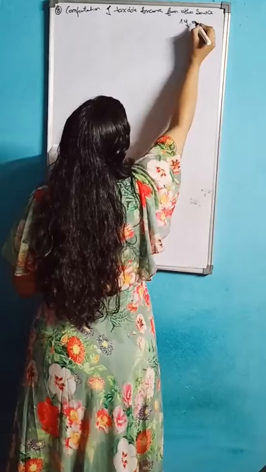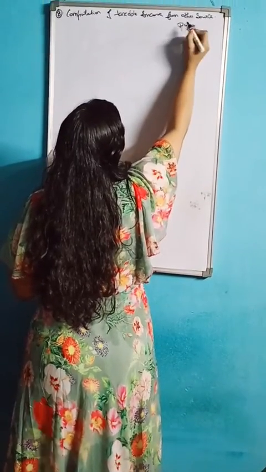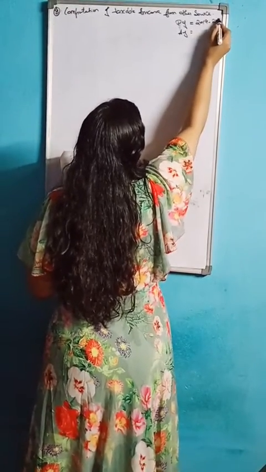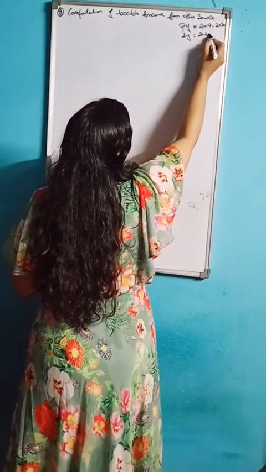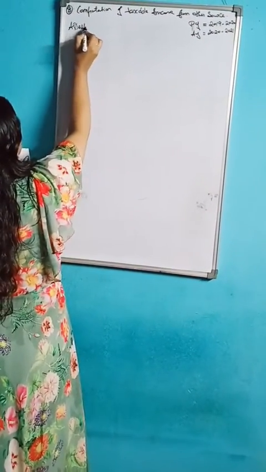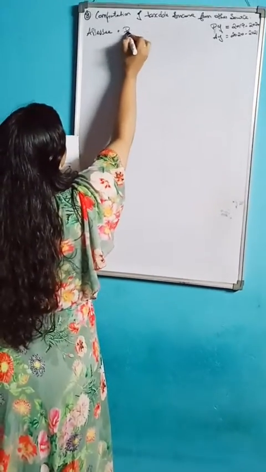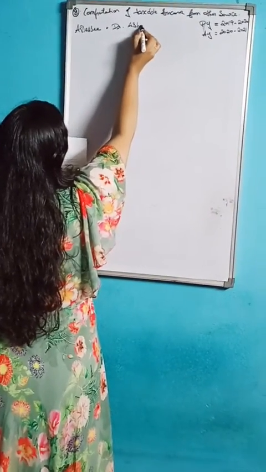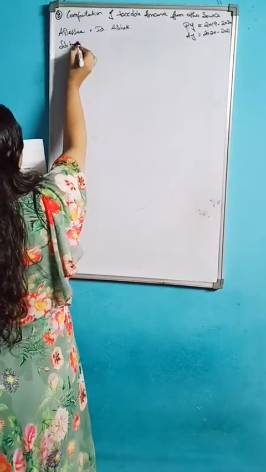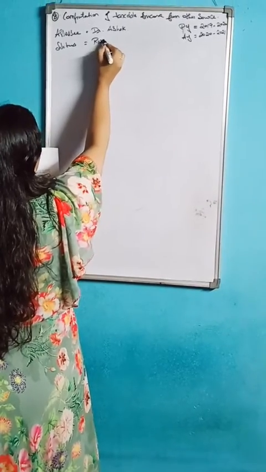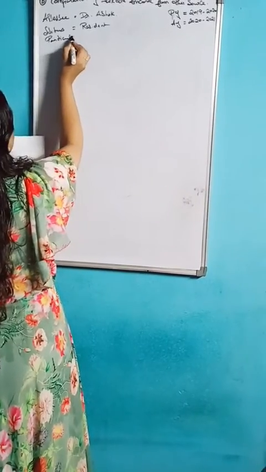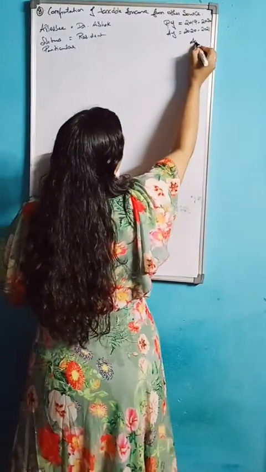Assessment year and previous year, that is 2019-20 and 2020-21. Next one is the assessee. Who is the assessee? Dr. Ashok. And status is resident. Okay. Particulars and amount column.